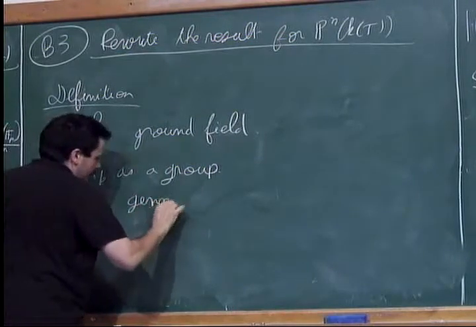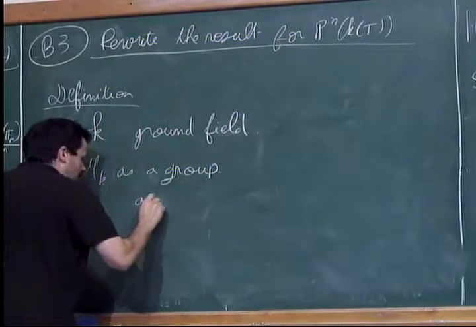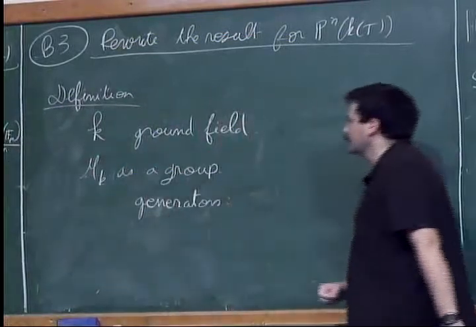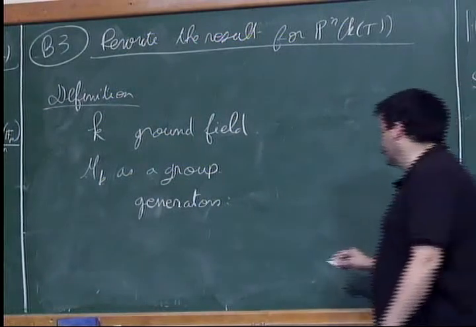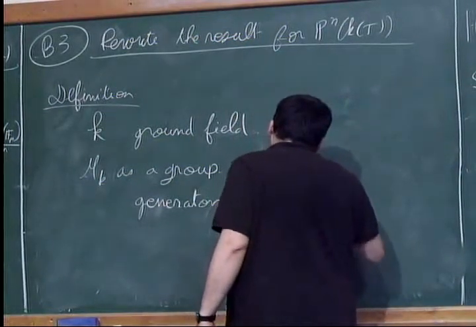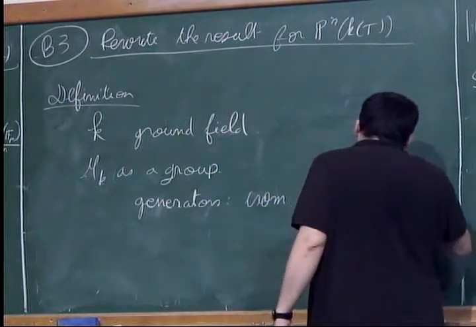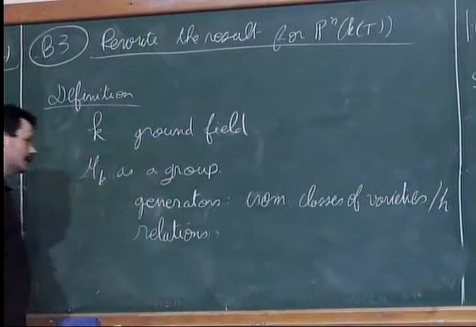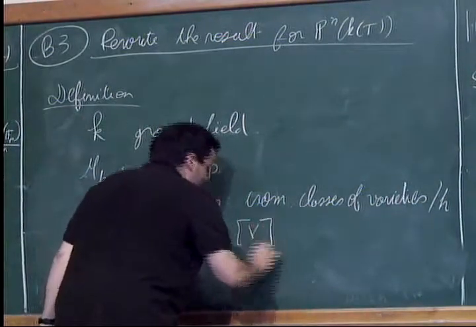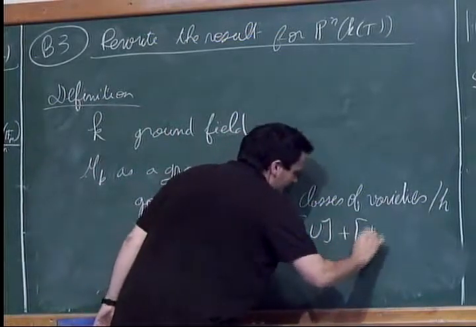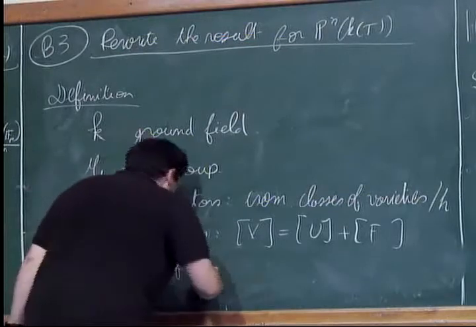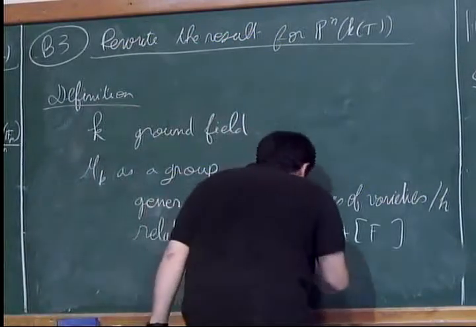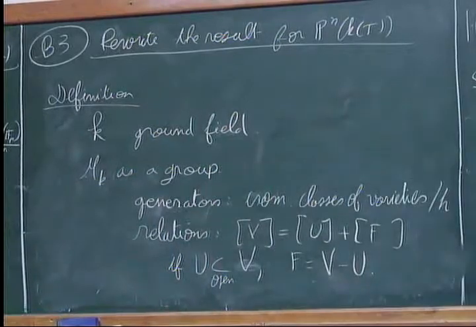So the generators: I take as a set of generators the set of isomorphism classes of varieties over little k. And the relations are given by V equal to U plus F, if U is an open subset of V and F is the complement of U in V.